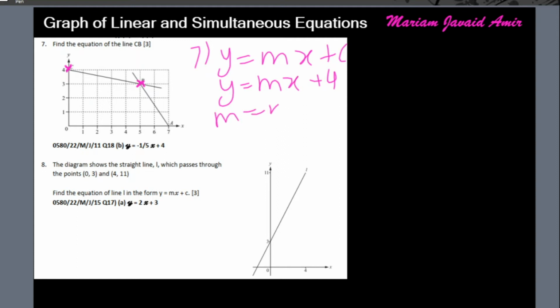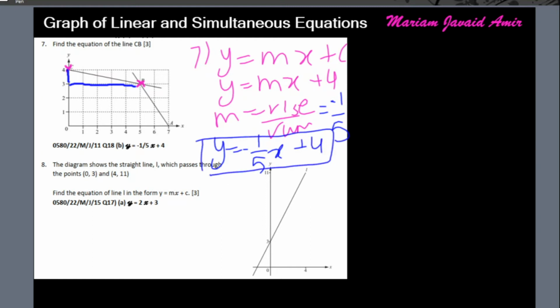M is rise over run, and here the rise is 1 unit, right, and the run is 1, 2, 3, 4, 5 units. So it will be 1 over 5, but again, since it's a falling line, we will take a negative value of it, so minus 1 over 5. So the final answer is y equals minus 1 over 5 x plus 4. This is the answer for question 7.